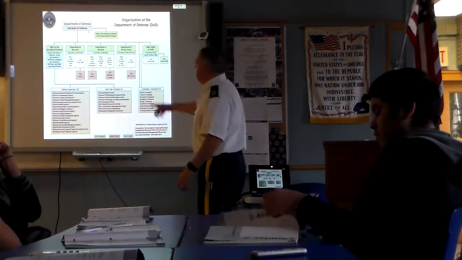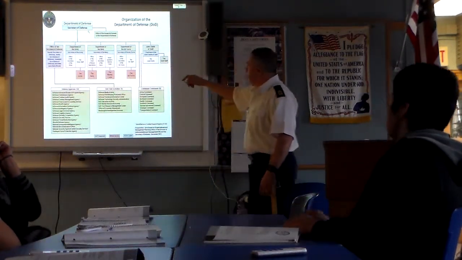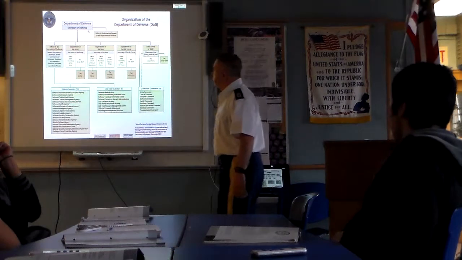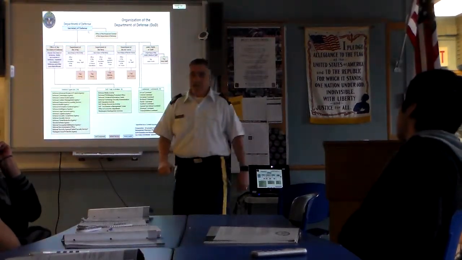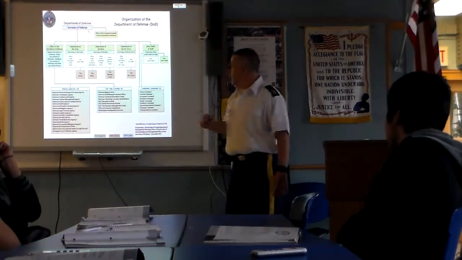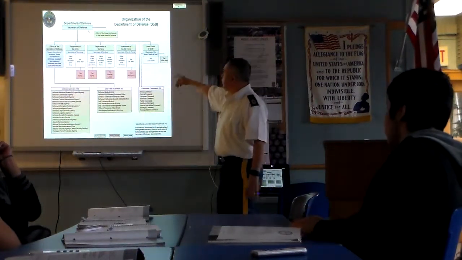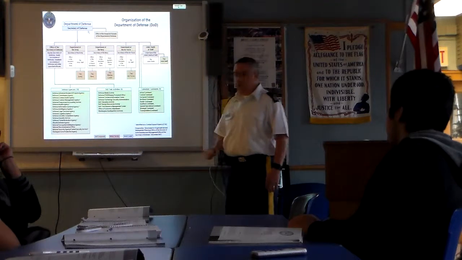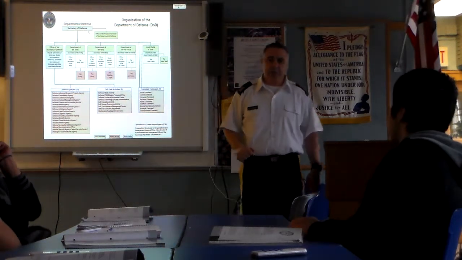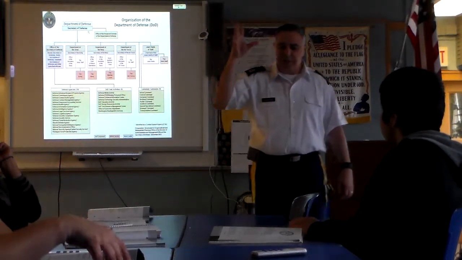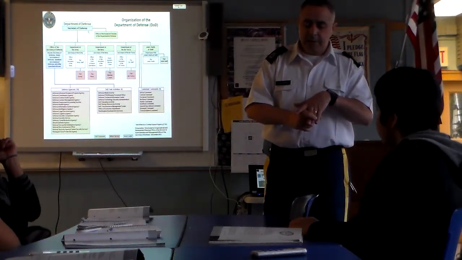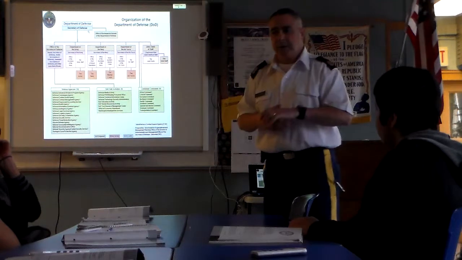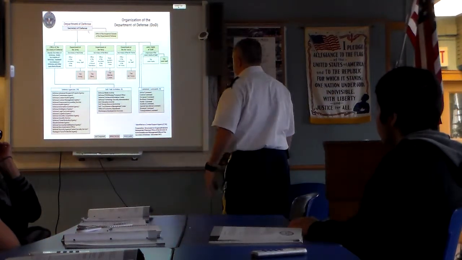And then it breaks down into the Department of the Army, Department of the Navy, Department of the Air Force, and if you see the Secretary of the Navy, headquarters of the Marine Corps falls underneath them, okay? And then over to the right side, you have the Joint Chiefs of Staff. The Joint Chiefs of Staff, that is the main general in charge of either the Army, the Navy, Air Force, Marines, okay? They have their equal say on it, okay?